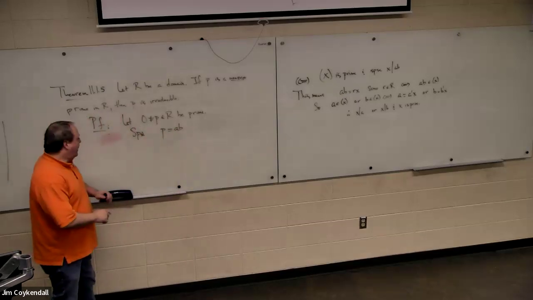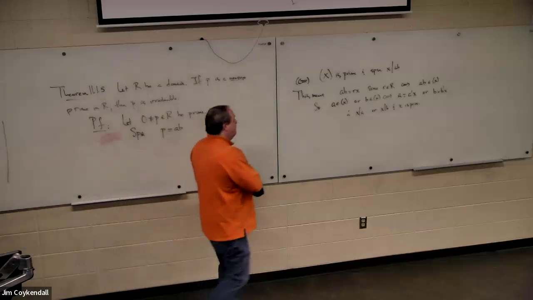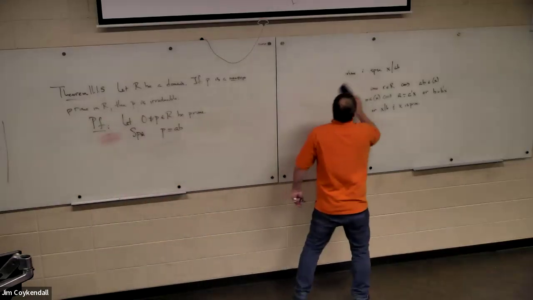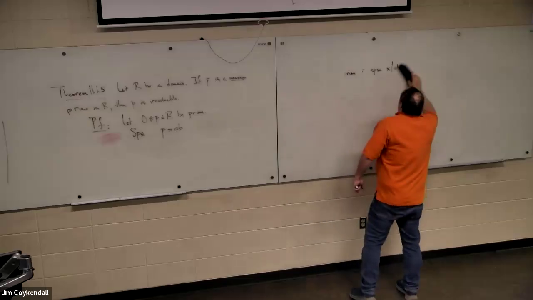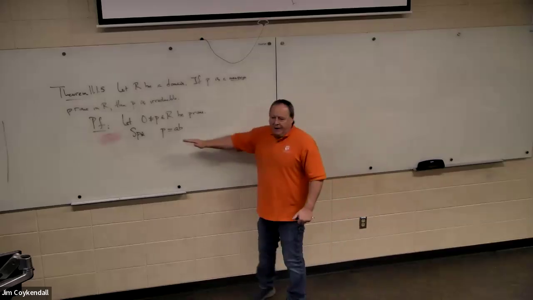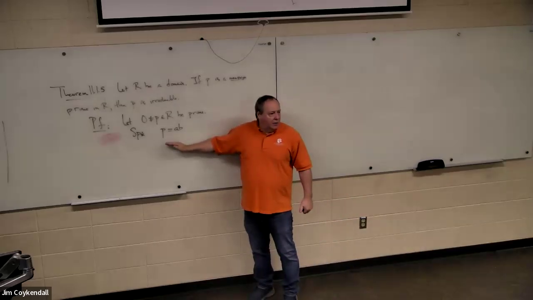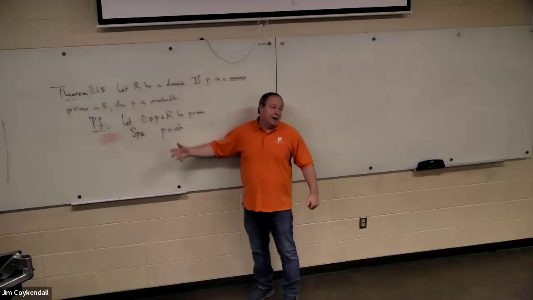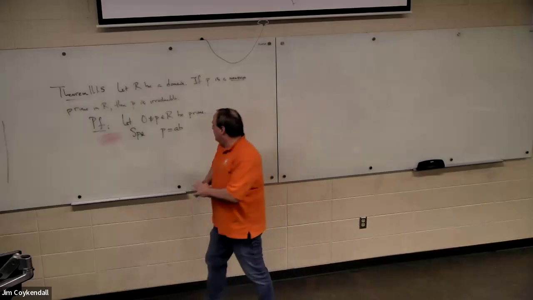I want to show that either A or B is a unit. Well, if I have this equation, I think we can all agree that P divides A times B, because it's equal to A times B, so it has to divide A times B.